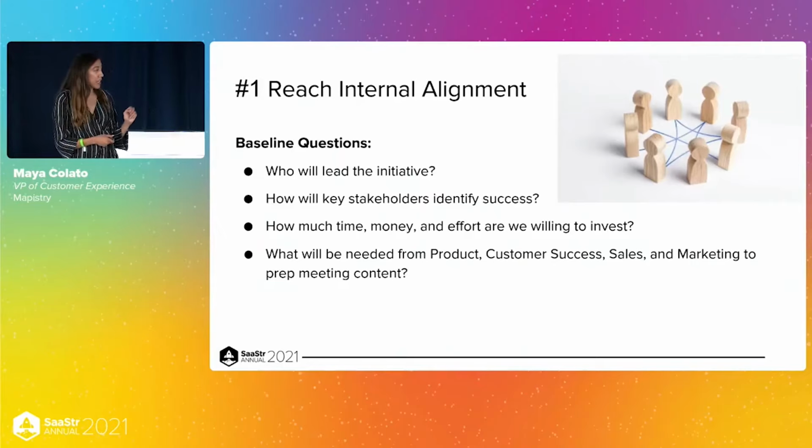And the money part of this slide was that in Mapistry, we wanted to do in-person CAB calls. But with COVID, obviously that didn't happen. We did have the discussion of we weren't at a place where we can financially compensate folks for joining the CAB, but we wanted to reimburse them for travel and lodging to really encourage them to come meet us in person. Again, that didn't happen. We're hoping, crossing our fingers, that this year is going to be our first in-person summit for our CABs, but we'll let you know.